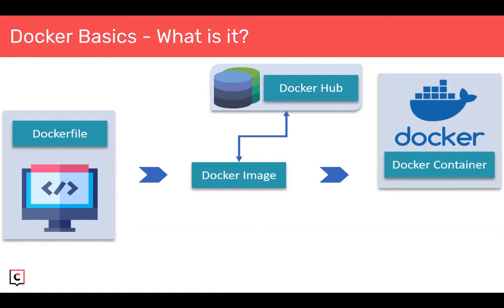You'll first build an image from your Dockerfile. There's a command in your CLI, basically docker build, and you tell it what to build. It will default to a file named Dockerfile in your directory. Once you build that image, you can run a container from that image.